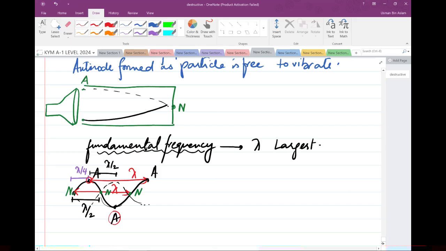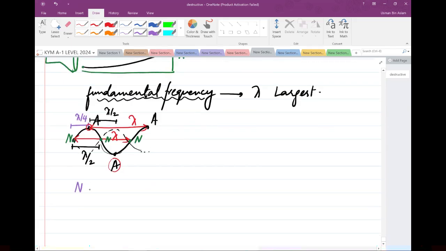I'm going to write some things down here for you. The distance from a node till a node is half a wavelength. The distance from a node to an antinode will be equal to 1/4 of a wavelength, lambda by 4. The distance from an antinode to an antinode is going to be half a wavelength as well.